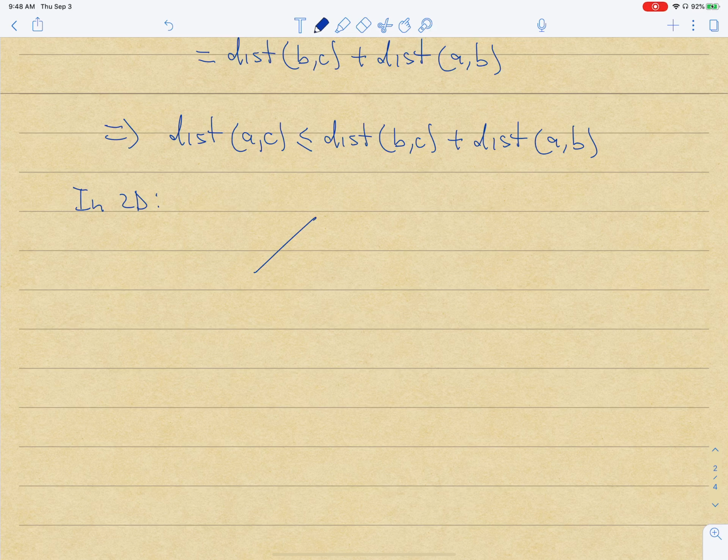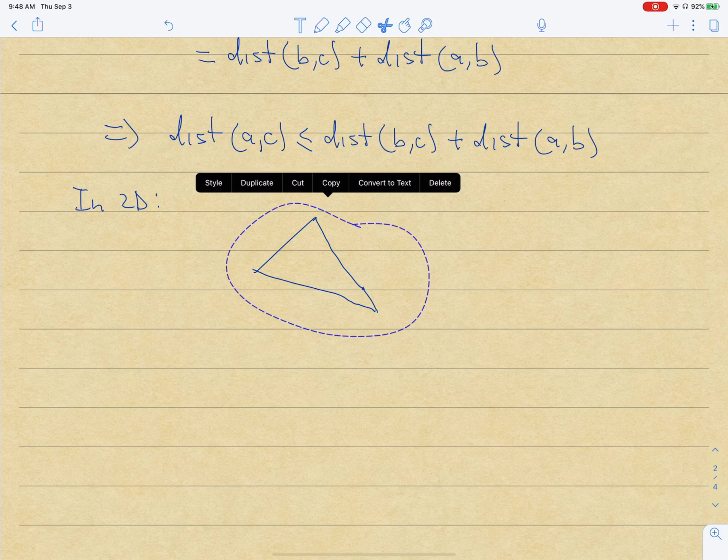If I have a triangle, and let me draw a better triangle than this.